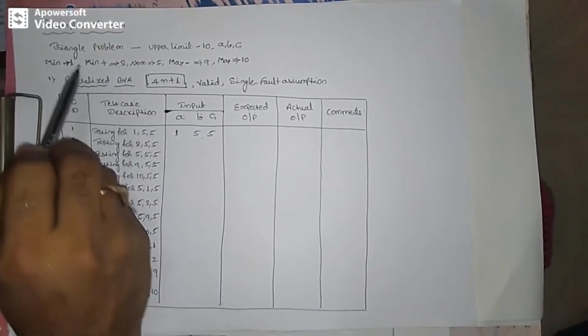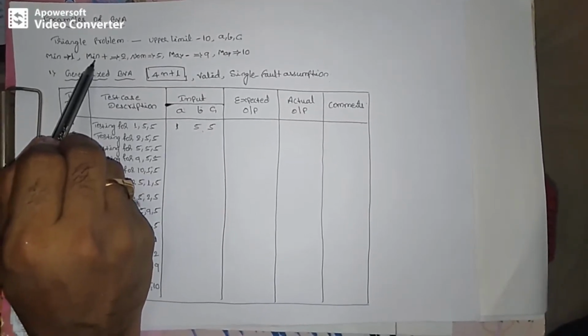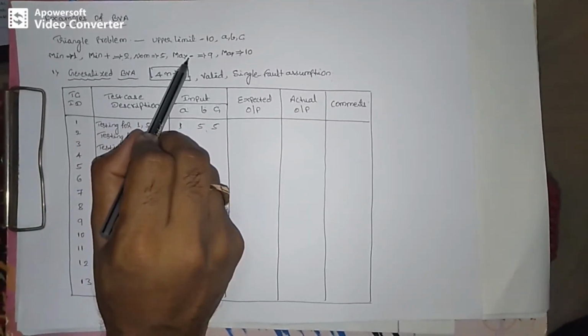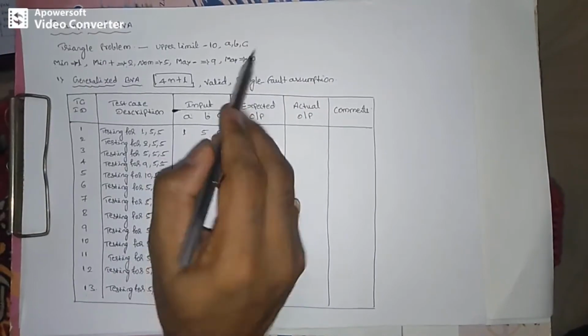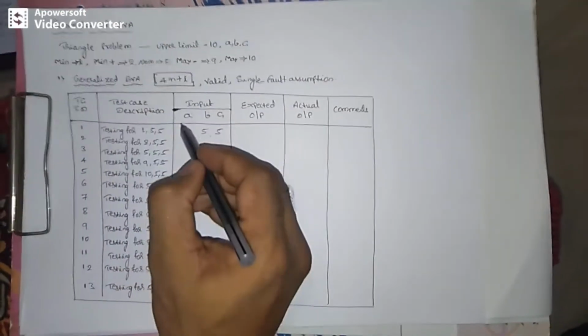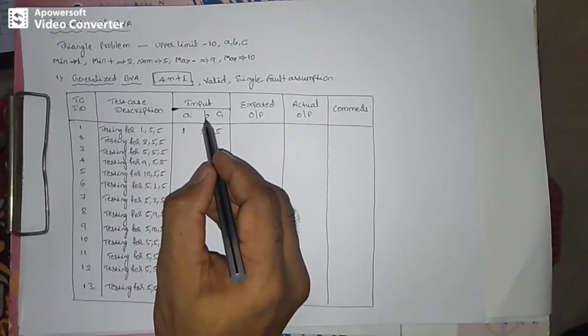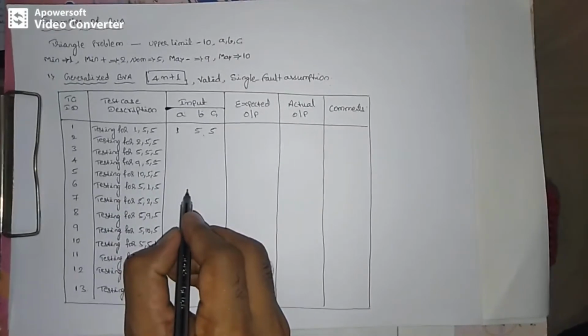First time the A value will be minimum, next the A value will be 2, next time the A value will be nominal, next time the A value will be max minus, next time the A value will be 10. In this order we need to keep changing the A input variable value. Then B and C should be nominal. In that order, we will write the test cases now.